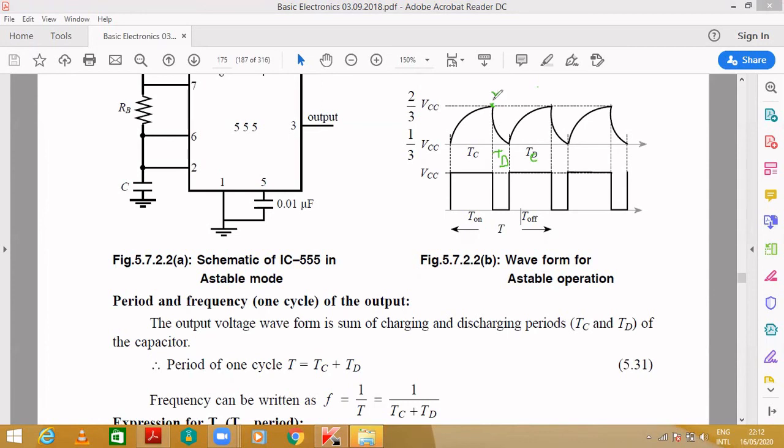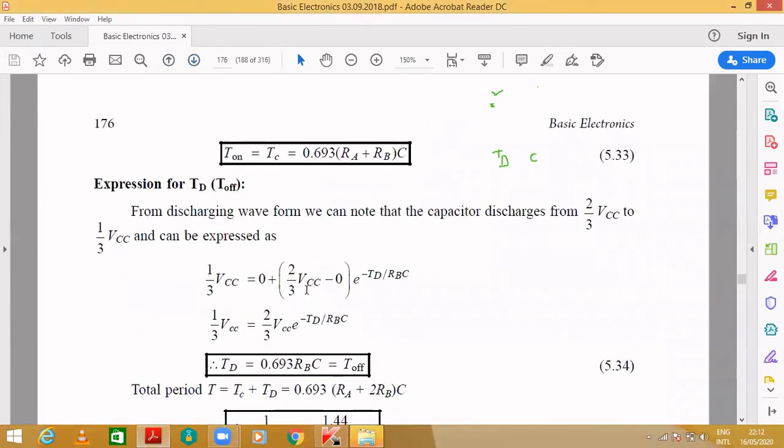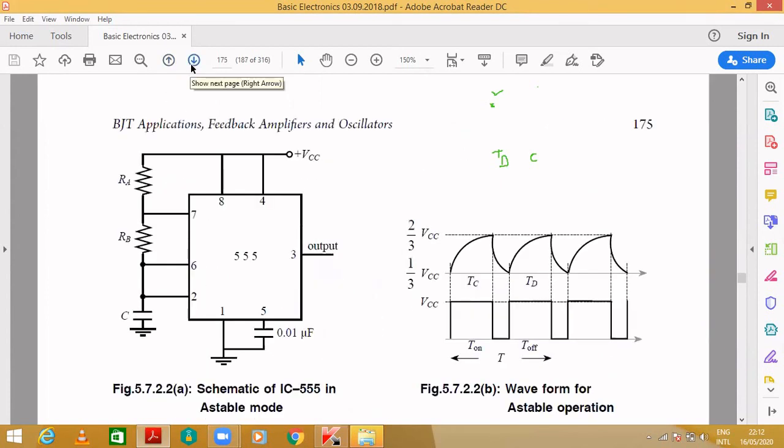The initial value VI, as you can observe, will be 2 by 3 VCC. Then the voltage on the capacitor will be how much? See here, the voltage on the capacitor will be 1 by 3 VCC. Finally, what can it reach below this, below 1 by 3?